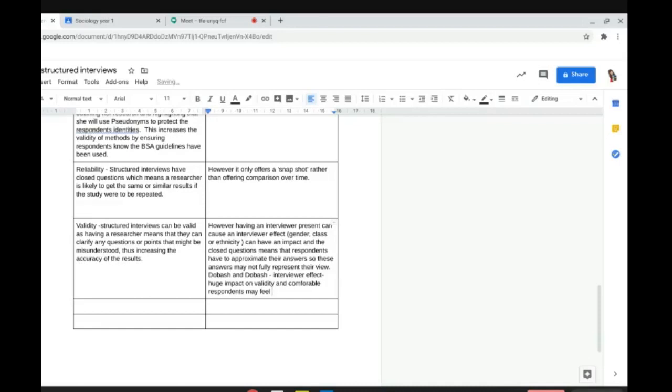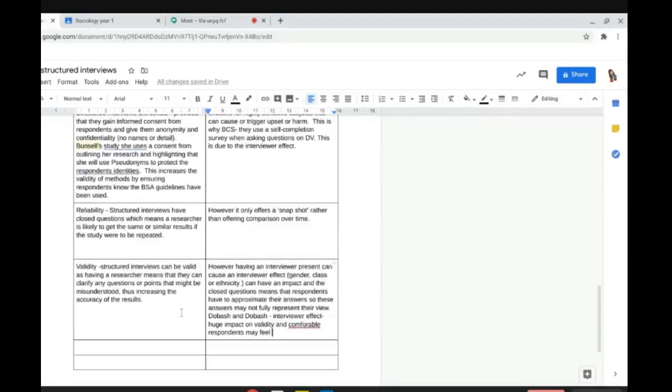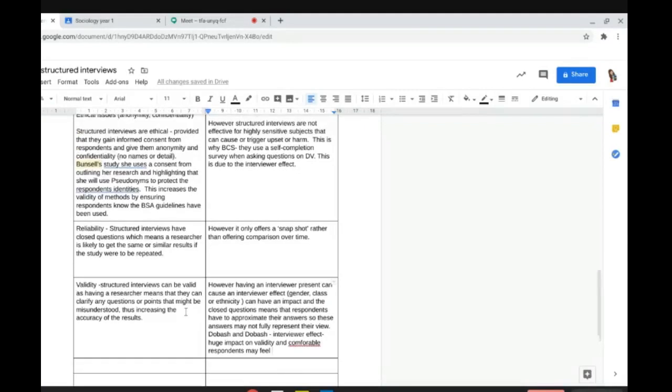Just to show you where you can use it. So validity, I've done the strengths, I've done the weaknesses, I've fully explained why it's valid and then highlighted why it's not. Done practical, ethical, reliable, valid.